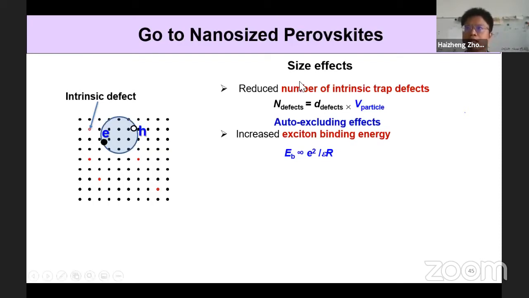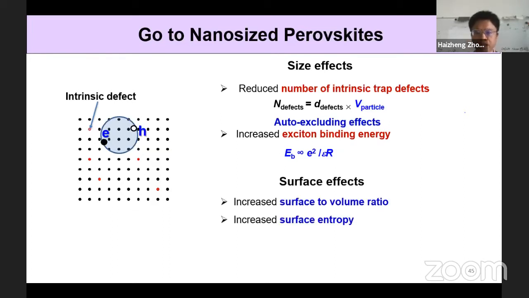Firstly, with the size decrease, the number of intrinsic trap defects will be greatly reduced due to volume shrinking, and may be further reduced due to the self-purification effects. Meanwhile, the exciton binding energy will increase with the size decrease, which enables fast recombination of the exciton.